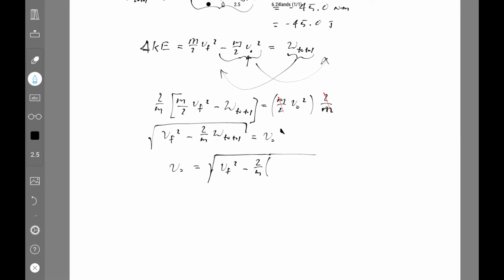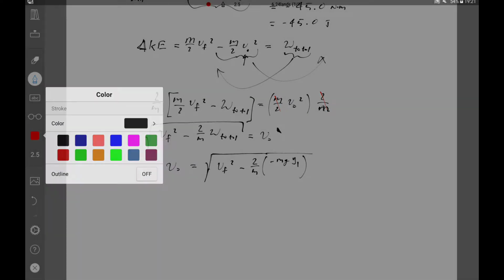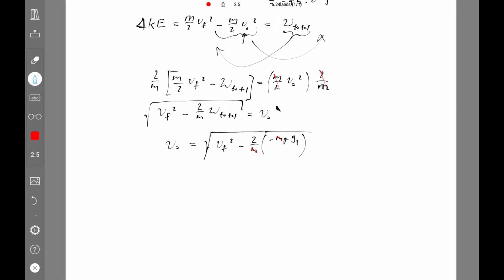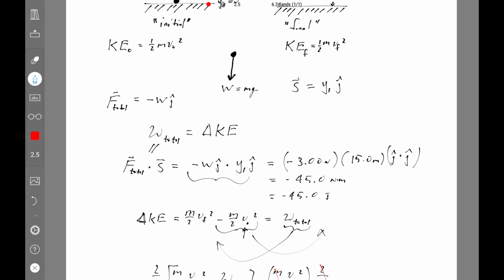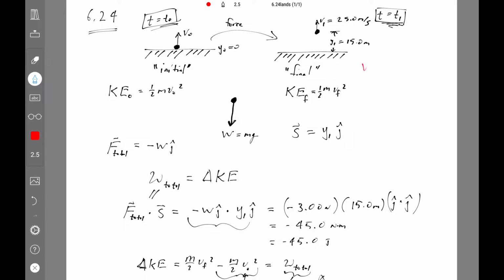And the weight of the rock is mg. So I have another cancellation of the masses. So maybe I didn't even need to... Oh, I never calculated the mass anyway, because I was only given the weight. The weight of the rock was 3.00 newtons.